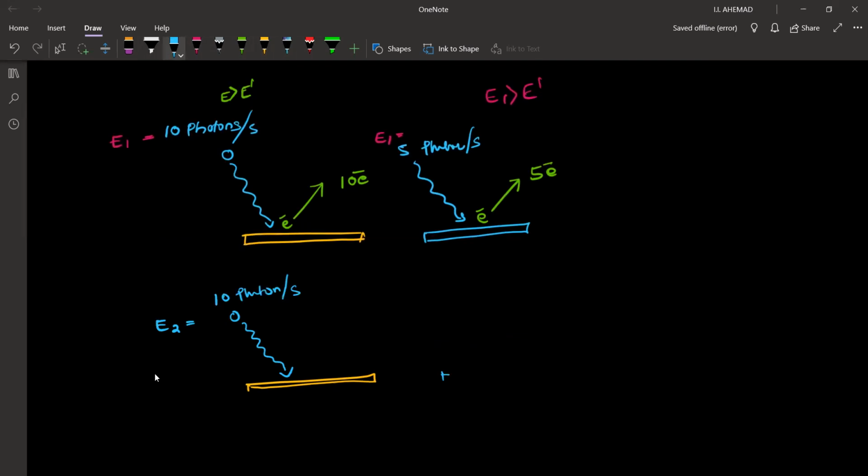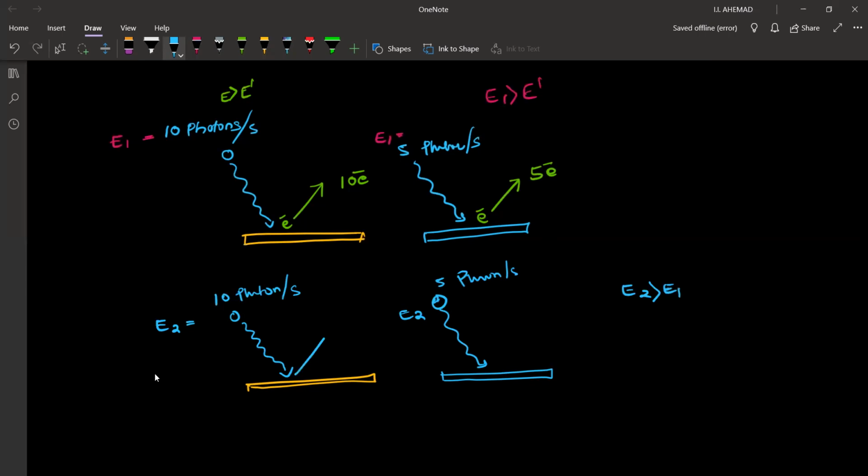And here also it's the same surface again, and we incident photons of energy E2, 5 photons per second. Now, E2 is greater than E1.